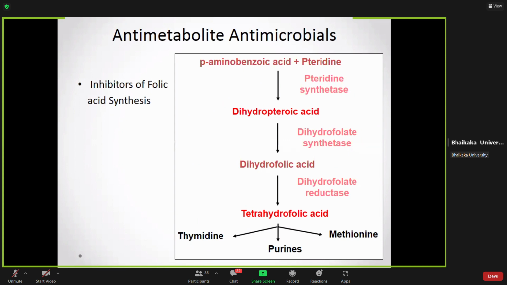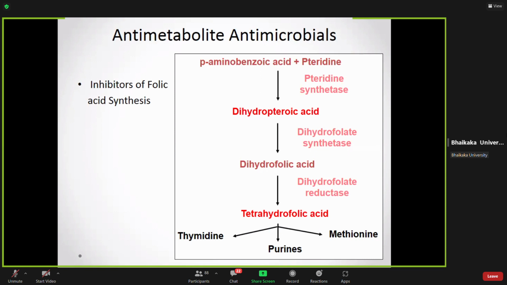Antimetabolite antimicrobials are the antibiotics which have a structure resembling the structure of the substrate of one particular bacterial enzyme. Say, for example, inhibitors of folic acid synthesis. Para-aminobenzoic acid and pteridine, and pteridine synthase is the enzyme which will act on para-aminobenzoic acid and pteridine, and they will produce dihydropteroic acid.